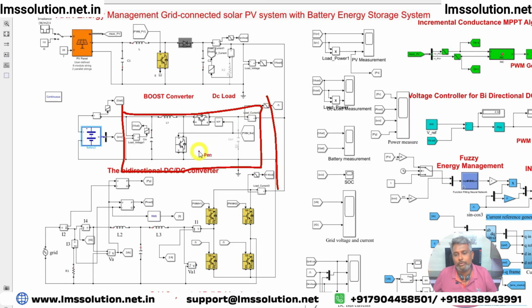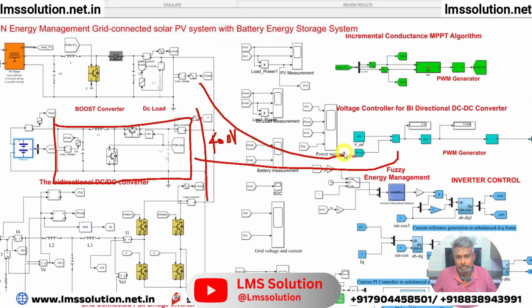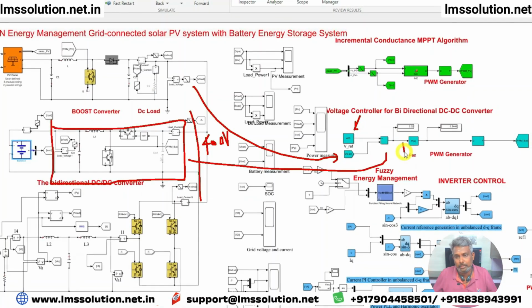This converter is controlled by means of a voltage control method. As I already told, we need to maintain the voltage around 400 volts, so we need to control the DC bus voltage. The DC bus voltage control is taken care of by this bidirectional converter. Here we measure the DC bus voltage and compare it with the reference voltage to get the error voltage.